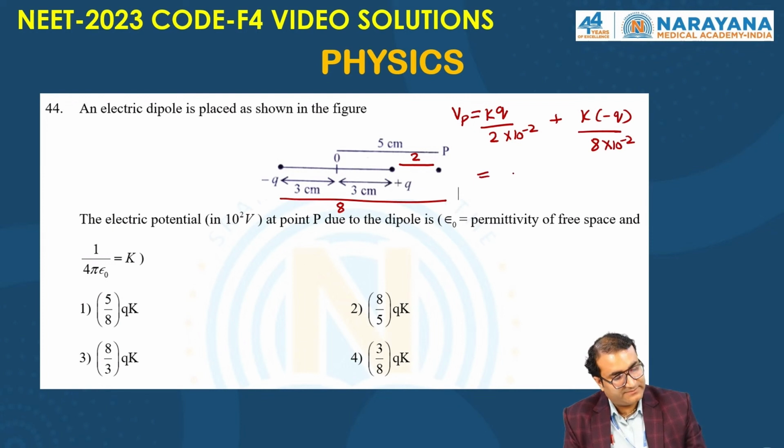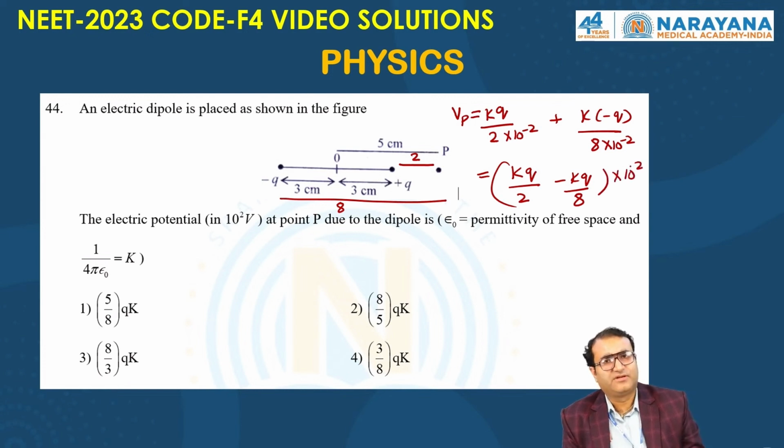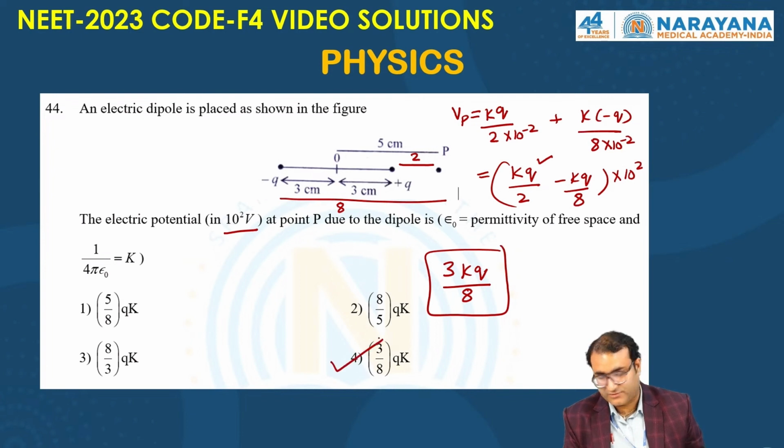So it is kQ by 2 minus kQ by 8 into 10 power 2. 10 power 2 we will remove because already it is 10 power 2 times V. So this thing we have to calculate. Taking LCM we will get it as 3 kQ by 8. We will go with the fourth option here.